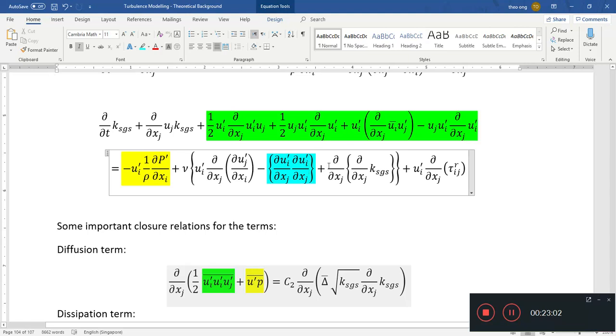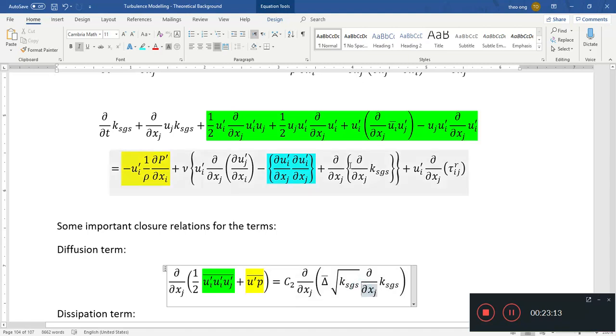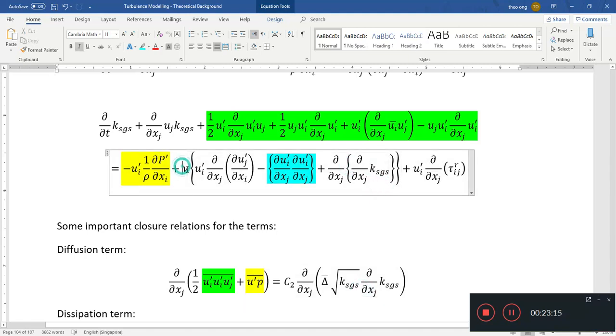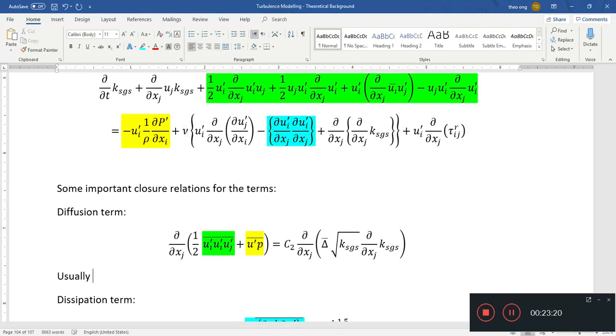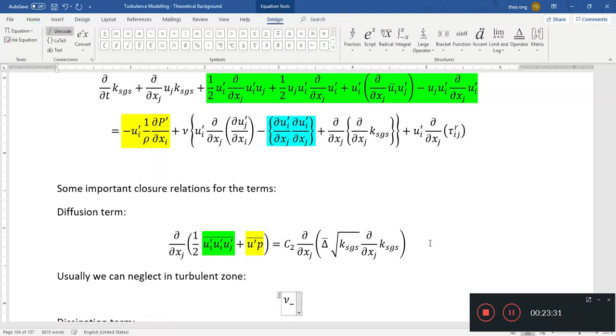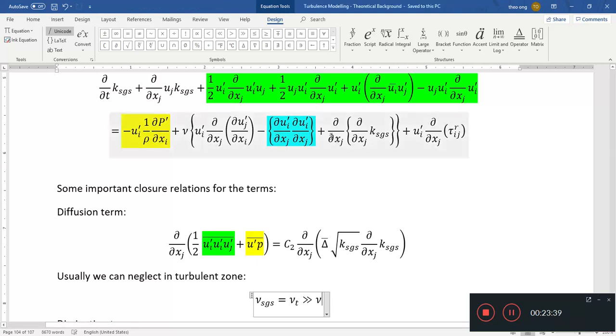I mentioned before, if you have a second derivative of k, like you do here, usually we can neglect this in the turbulent zone. Okay, nu SGS equals nu t. I use that notation. It's much more than nu. So this term you can kind of neglect.